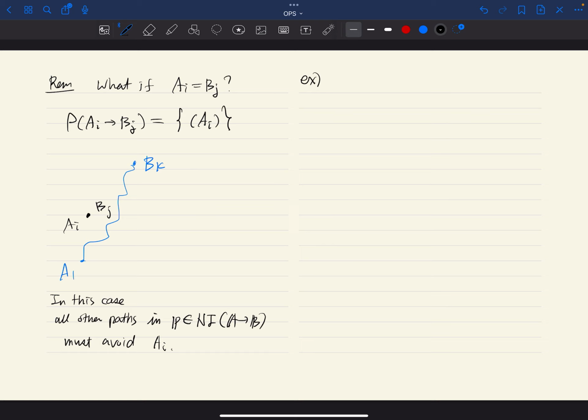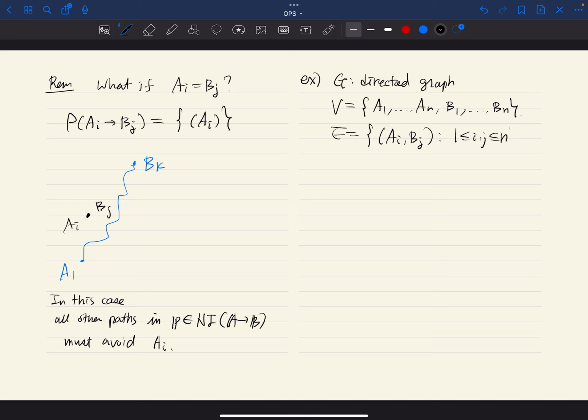Let's say G is a directed graph with vertex set A1 through AN and B1 through BN, and edge set is just AI to BJ for all I, J. So basically it looks like this: A1, A2, dot dot dot, AN, and B1, B2, dot dot dot, BN. You just connect them all.